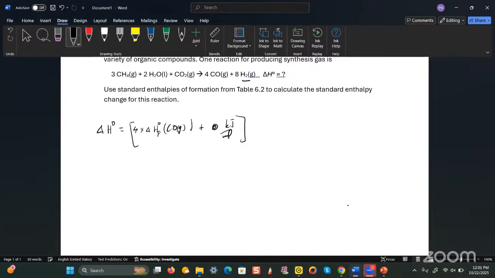And then I'm going to subtract from that the enthalpy sum of the reactants, starting with the methane, CH4: 3 times the enthalpy of formation standard of methane, CH4 gas. And I'm going to add to that 2 times the enthalpy of formation of H2O liquid.